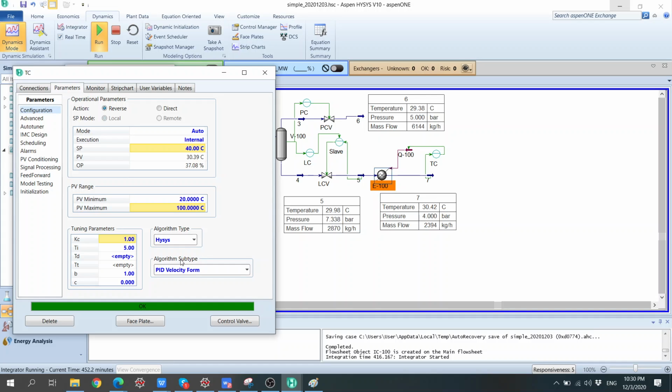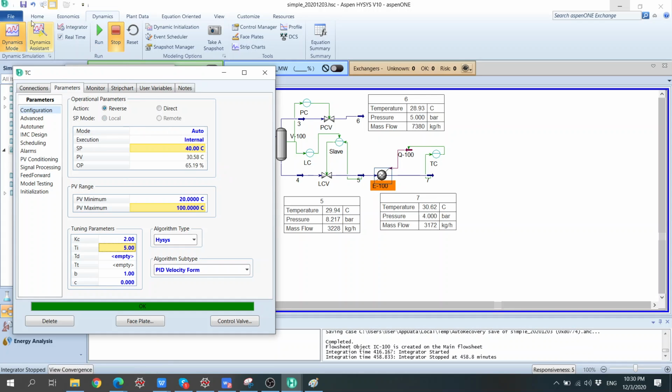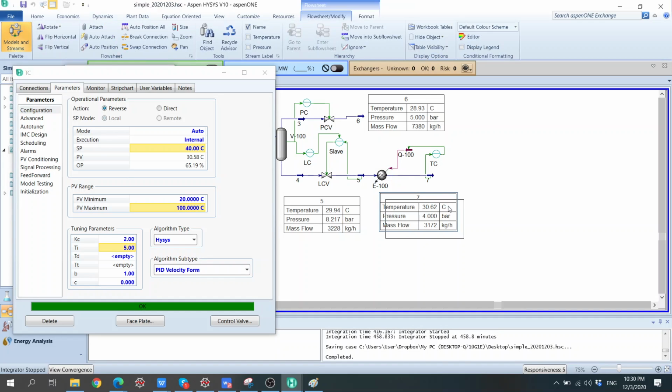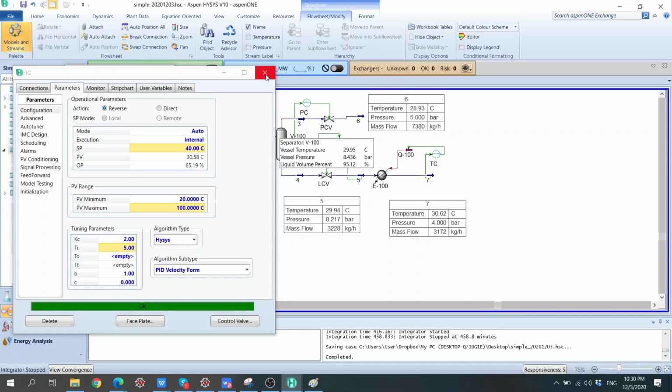Let's double this, make it more aggressive. It's temperature control anyway. Okay, let's stop this here, and then save it. And we will see what we can do next.